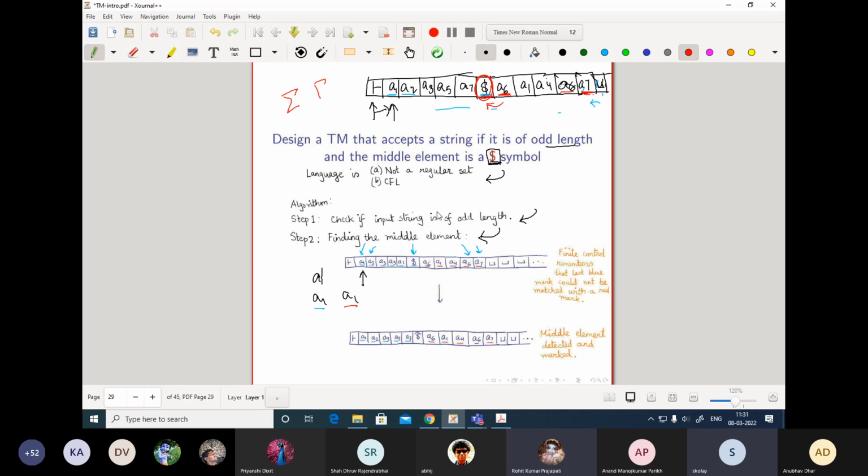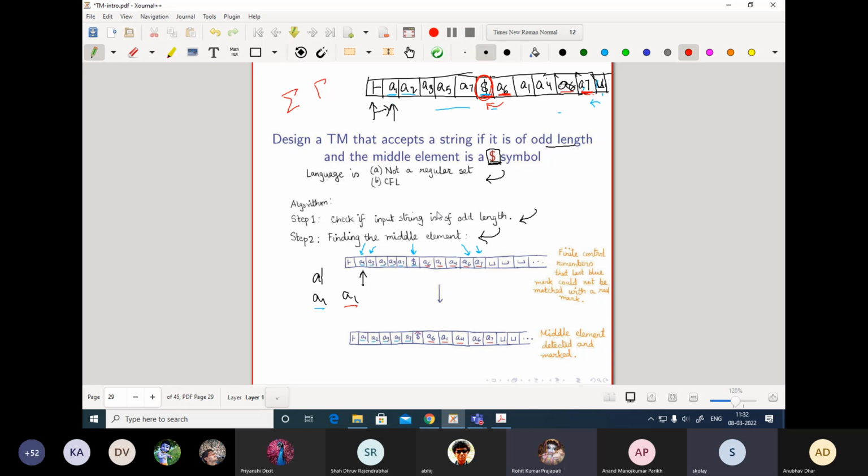Then do the same again: look at the leftmost and rightmost non-underlined symbols, mark the leftmost with blue, mark the rightmost with red. Keep doing this until you hit an element where you're trying to mark the same element with blue as well as red. That is your middle element. Now the final thing is to check whether that middle element is the dollar symbol or not.